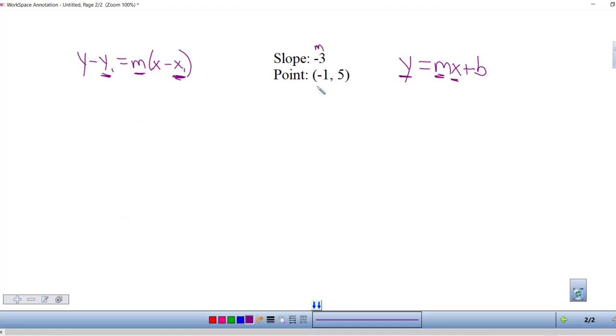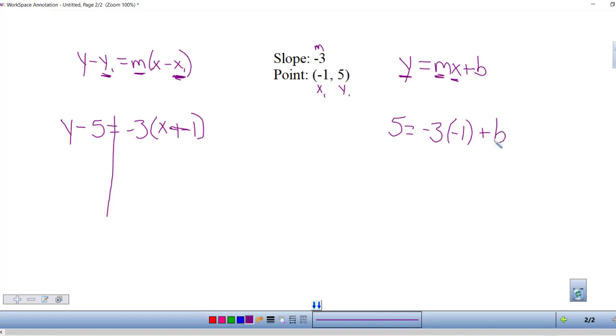Here we have our m, our x1, our y1. Plug it in. Y minus 5 equals -3 times x minus -1. So I'm going to turn that into a plus. Okay, over here we would do y equals mx plus b. Okay, on this side we have to distribute.